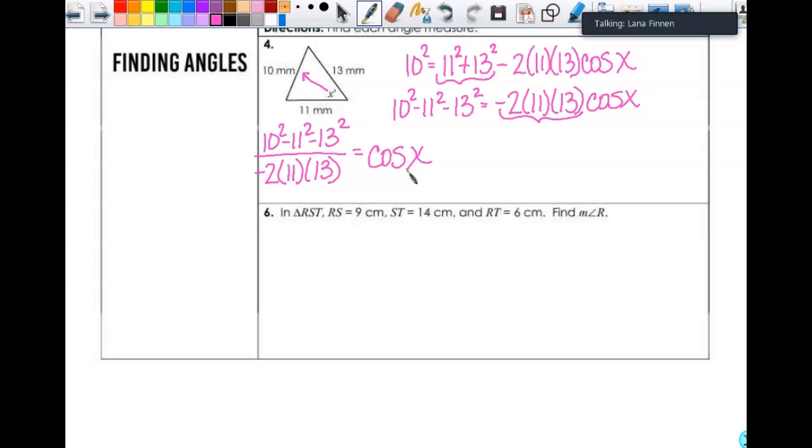So what would I have to do next? The inverse, exactly. So then I would have cosine inverse of 10 squared minus 11 squared minus 13 squared all over negative 2 times 11 times 13 equals x. And then that's when I would go to the calculator.